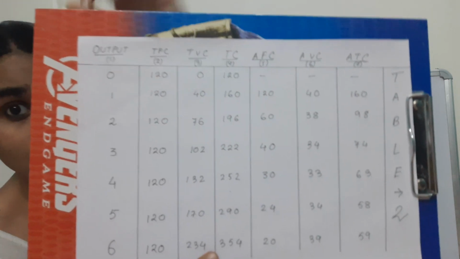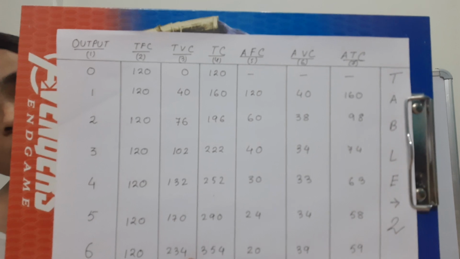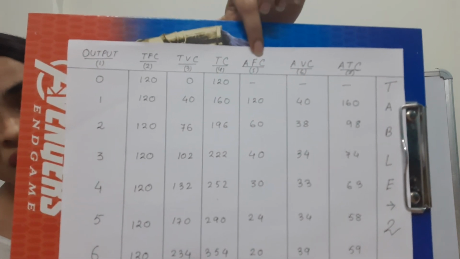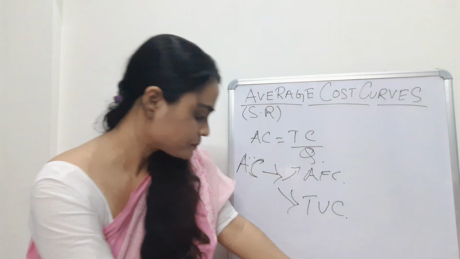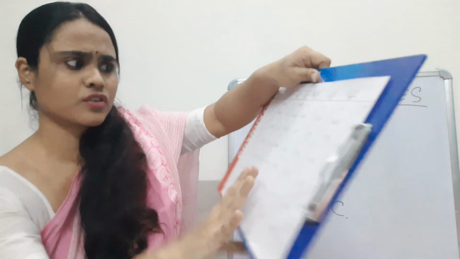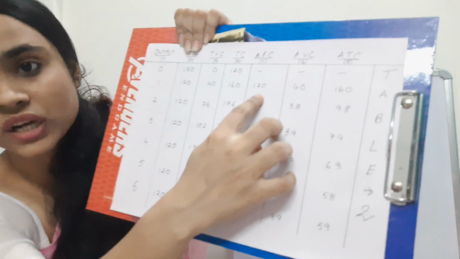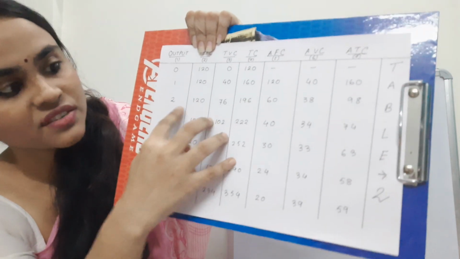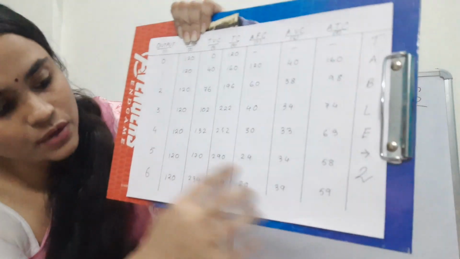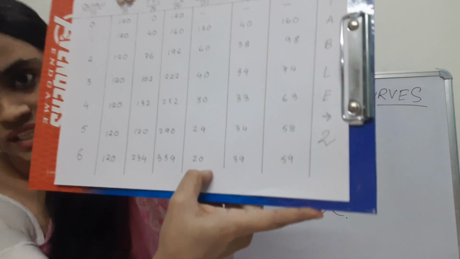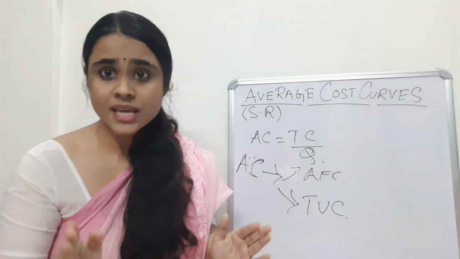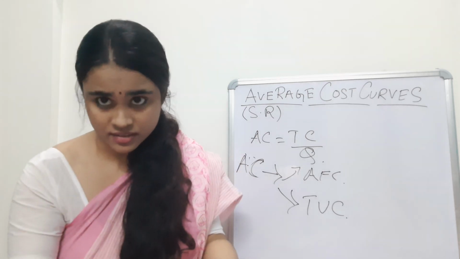As it is divided by the number of units, the value of average fixed cost keeps decreasing. So the average fixed cost for the first unit, 120 divided by 1, is 120. 120 divided by 2 we get 60. Likewise, up to 6, 120 divided by 6 we get 20. So we can see it as the output increases.